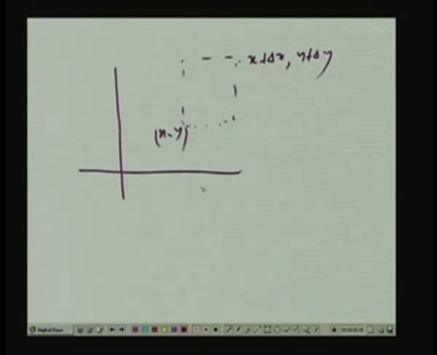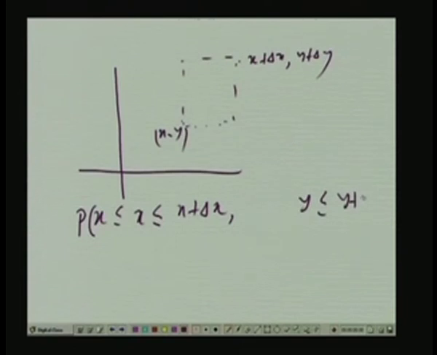We have already seen that probability, that is, what is the probability of x lying within x plus dx and y not... that we have already seen from the previous example, that was equal to what?